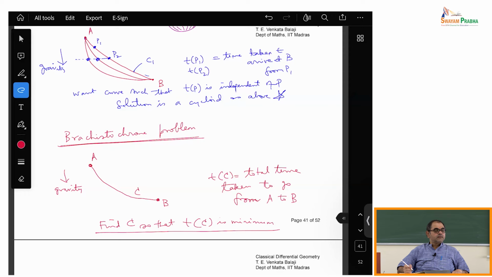The shortest time should be taken as you move from A to B, and the shortest is brachistos, and time is chronos. So this is the Brachistochrone problem.